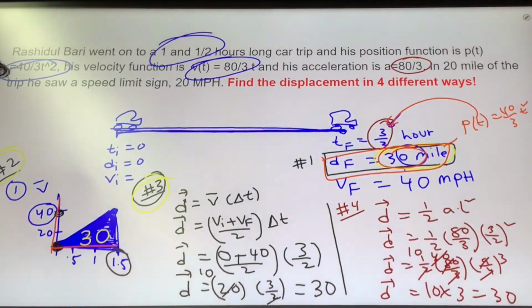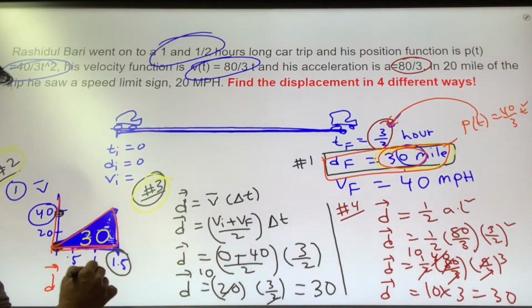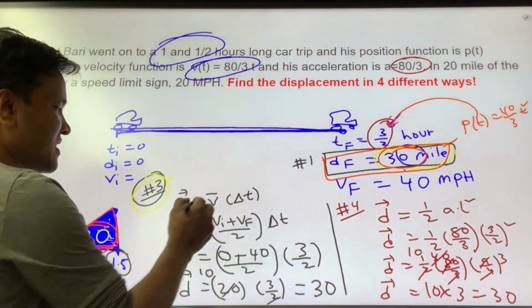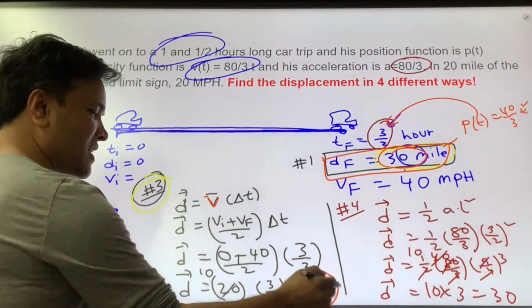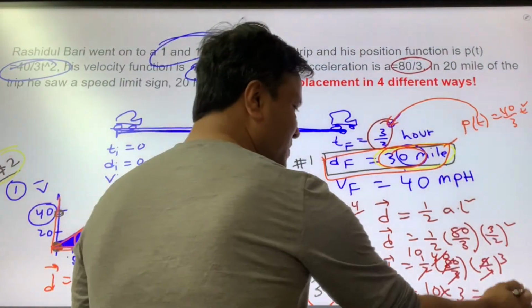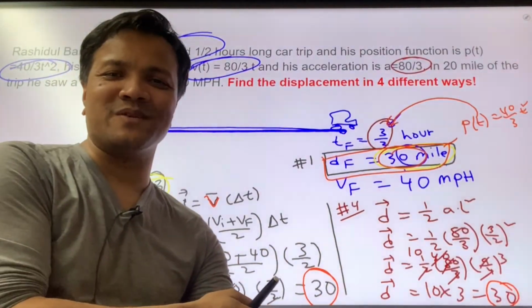Since this is a triangle, the displacement is half base times height, and that gave me 30. This one is the average velocity times the delta t, and that gave me 30. And this one, the kinematics formula, also gives you 30. So no matter what formula you use, you get the same displacement. Hopefully you understand.